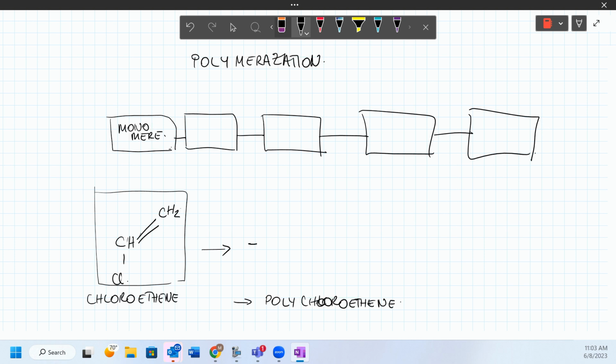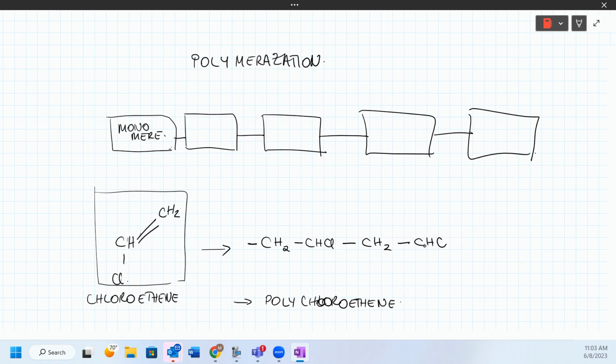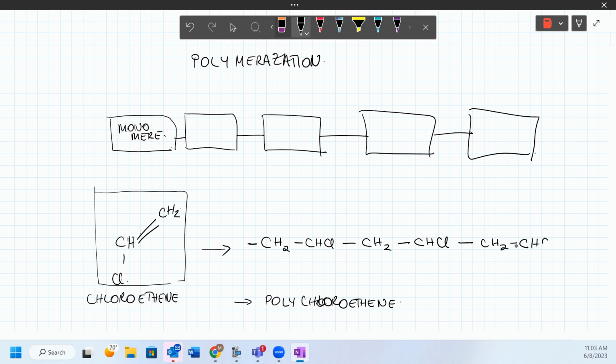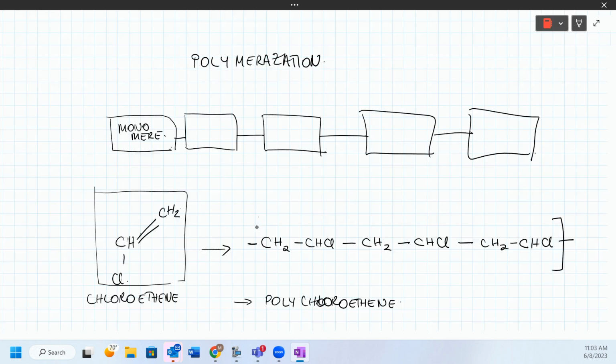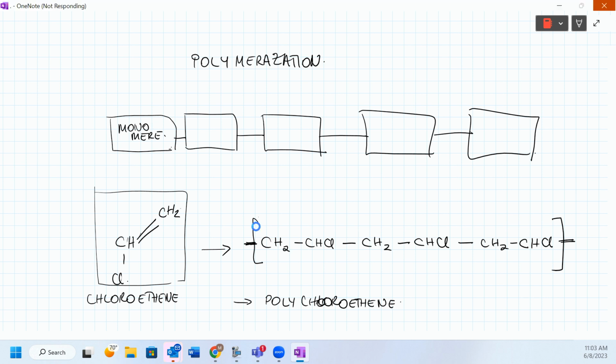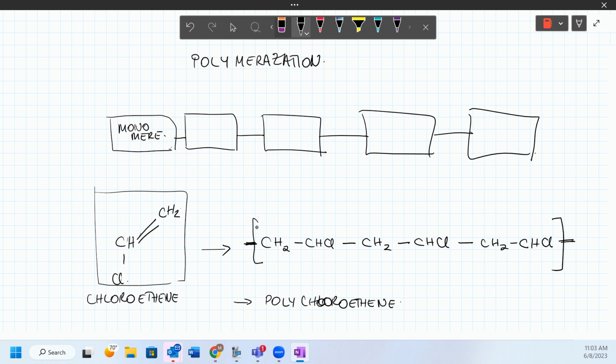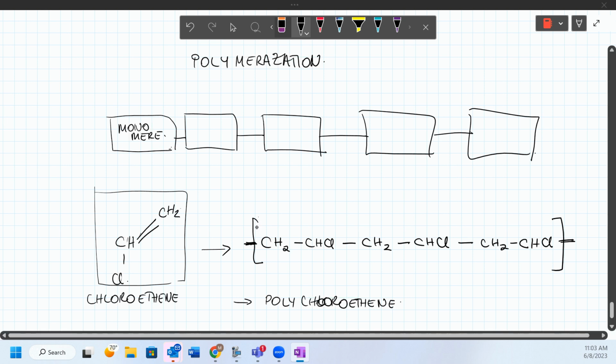So you have something like this, CH2, and then CHCl, and then this is connected with CH2 and CHCl, and then this is CH2, and then we have CHCl, and you have this line here and line here at the beginning and at the end, showing that it continues to connect with the other blocks of the same. And then you have an N here indicating that you have plenty.